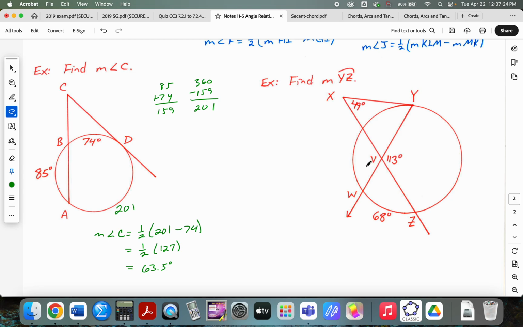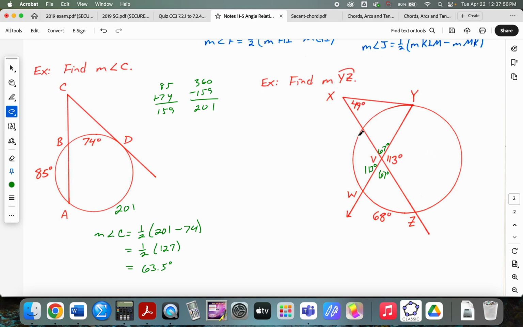And we know that this angle over here is also 113. And using linear pairs, each of these would be 67. Unfortunately, we don't know what the measure of this arc from W around to this point is. If we did, we would be in business, but not so much.